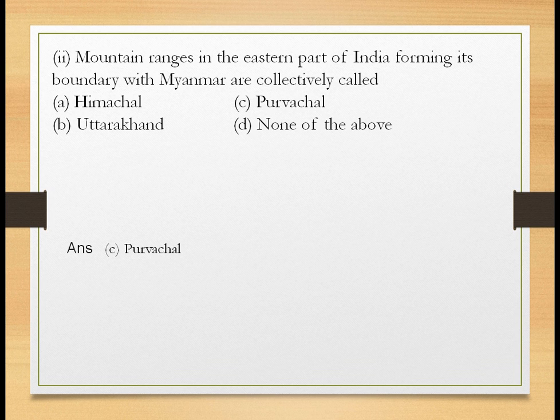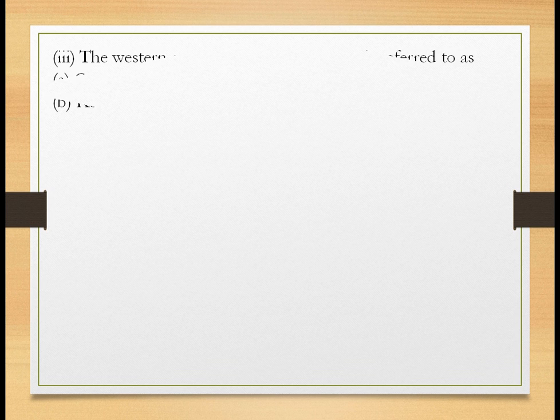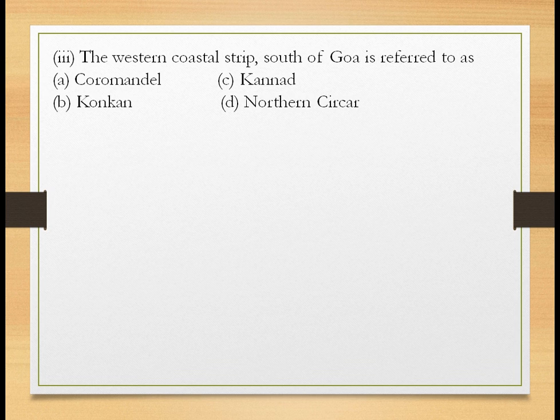Moving to the 3rd question. The western coastal strip south of Goa is referred to as? Every time the children make mistakes here. First, we will see the options: Coromandel, Konkan, Kannad, and Northern Sarkar. Coromandel and Northern Sarkar will not come because they are on the eastern coastal strip.